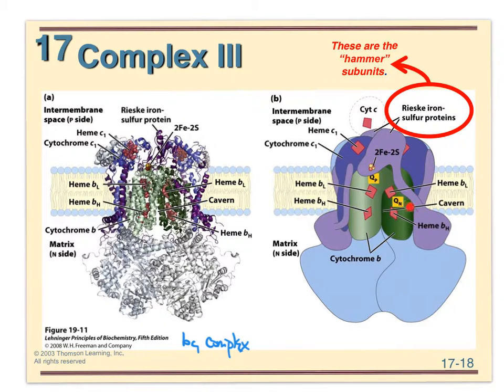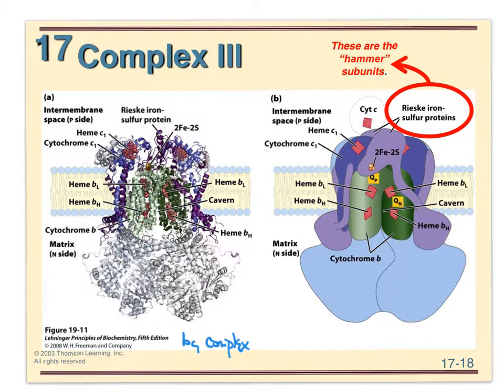This is the Rieske protein, and it has a 2Fe, 2S iron sulfur center, similar to what we've seen in the past, that accepts electrons. But the Rieske protein of one big complex actually takes the electrons off of the other big complex that it's dimerized to. So that's why I mean it's huge. We're going to talk about the way the electrons flow in just a moment.